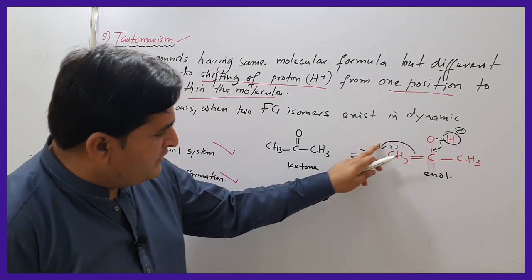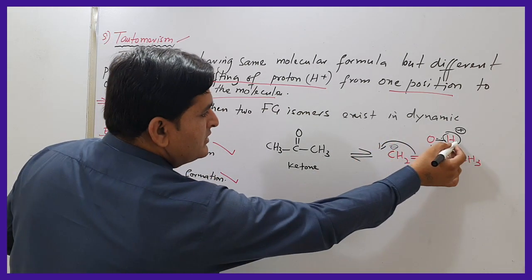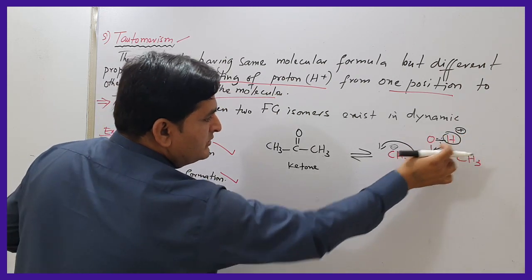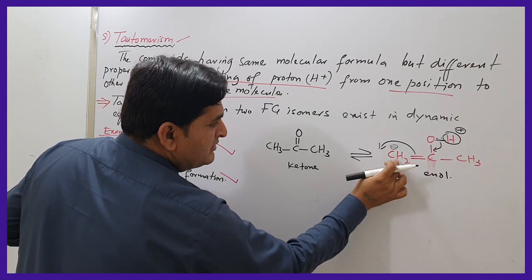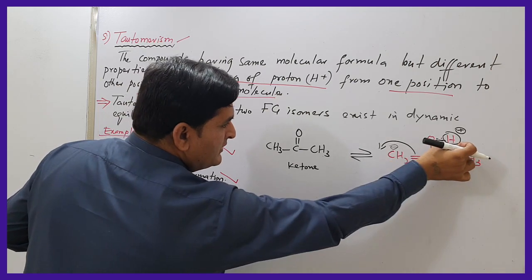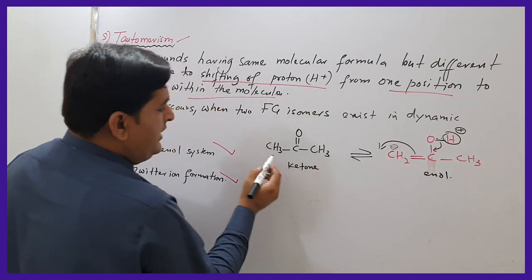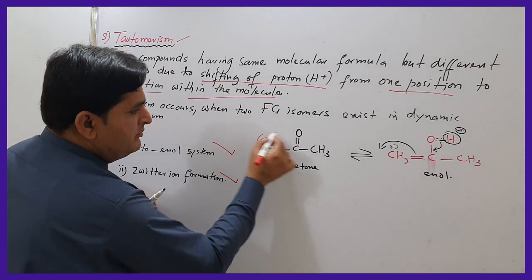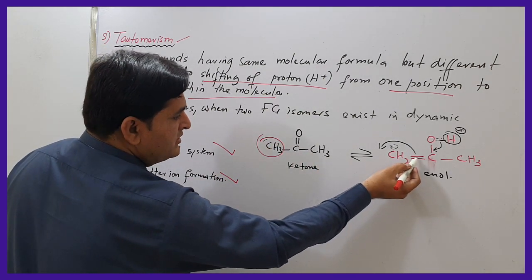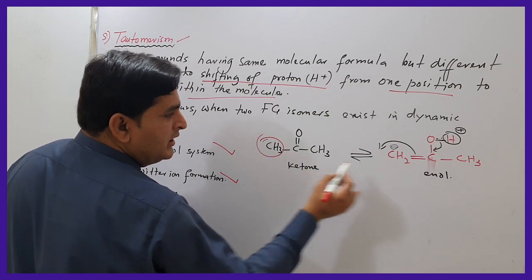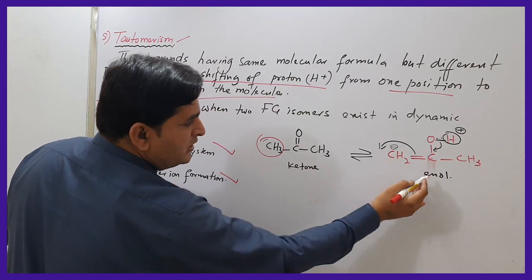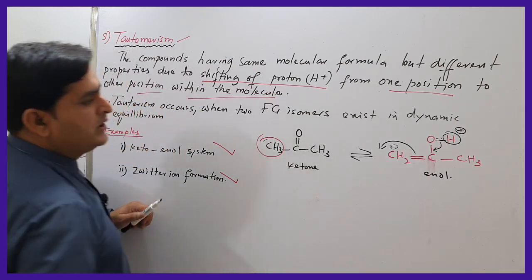Now this hydrogen is detached completely from this position and attached to this position. This carbon bore two hydrogens before; after the addition of this hydrogen, the number of hydrogens will be 3. After the breakage of this double bond, it became a single bond, and this single bond became a double bond. So enol has been converted into a ketone.